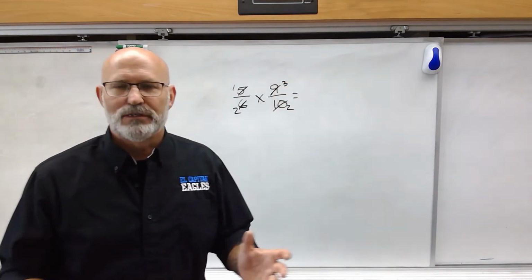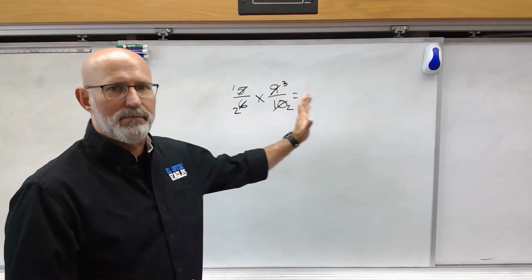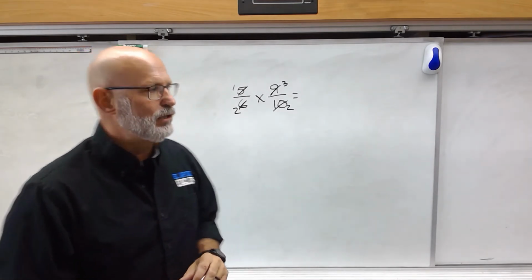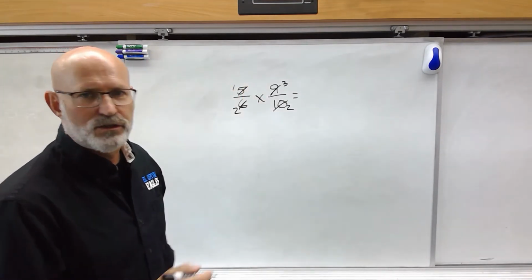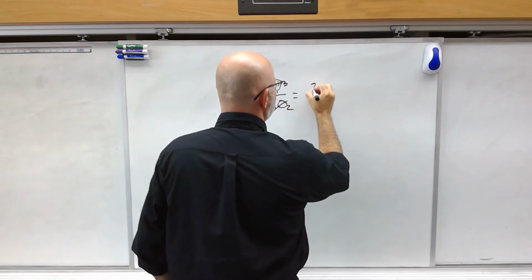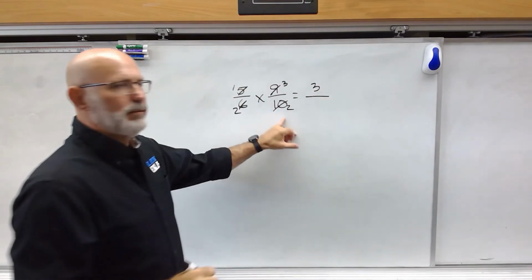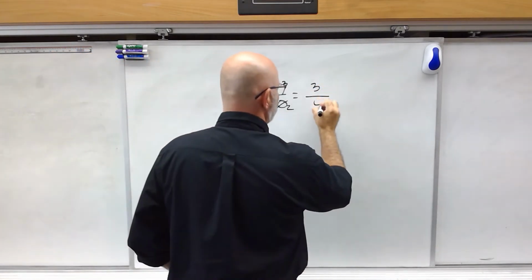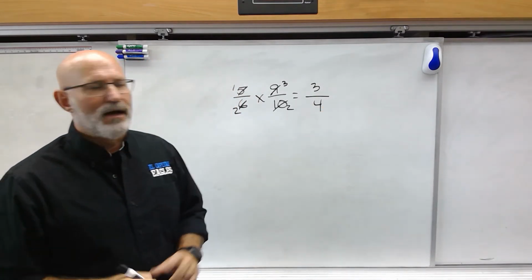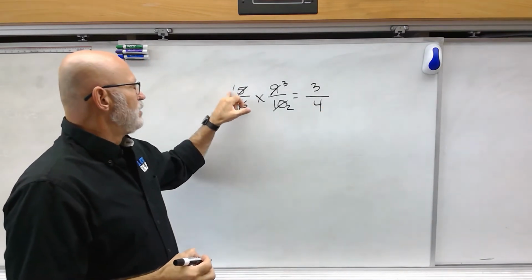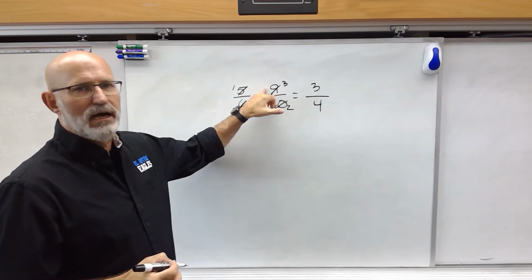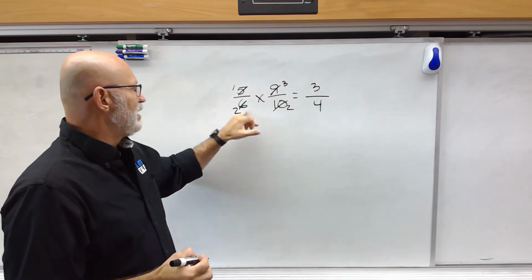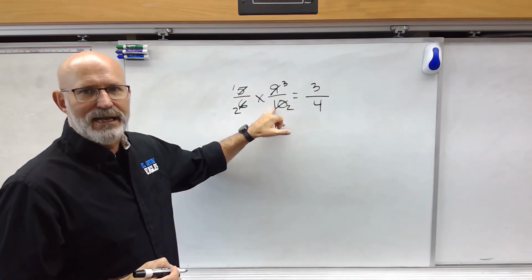So now I've just simplified it before I even do my multiplication. So now 1 times 3 is 3, and 2 times 2 is 4. And I have 3/4. Now I could have done 5 times 9 is 45, and 6 times 10 is 60.